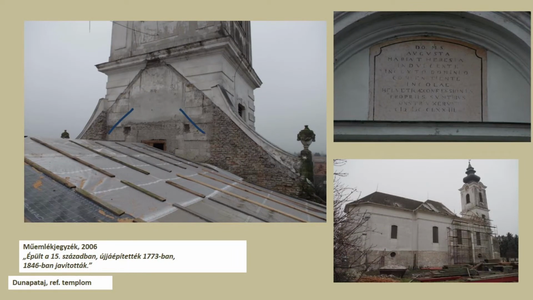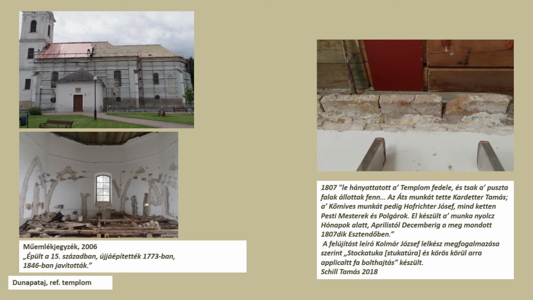We had a look at the facade of the tower. It was built in 1773. In 1873, it was just as tall as this, and later it was heightened. And you can see the bricks. It is a very special situation because every brick bears the year when it was made.